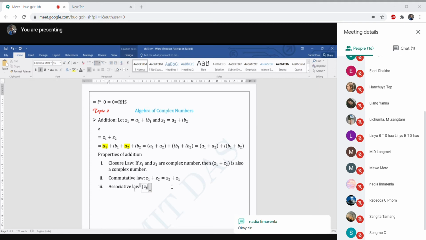Write down associative law like this: z1 plus z2 in bracket plus z3, which is equal to, we can write, z1 plus z2 plus z3 in bracket. Okay, this is also quite well known, that z1 plus z2 in first bracket plus z3, this will be same as z1 plus z2 plus z3 in bracket.